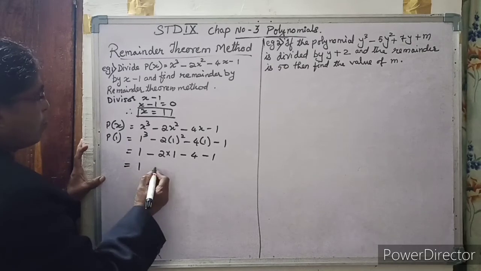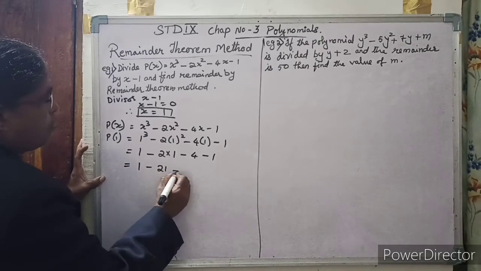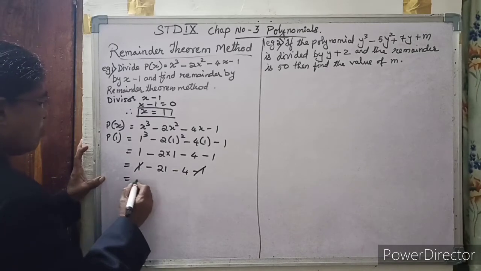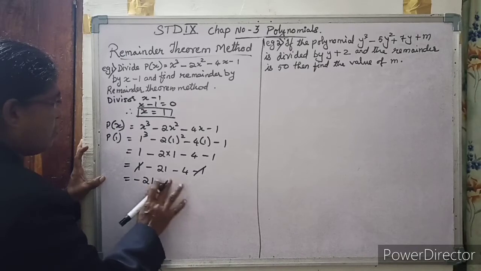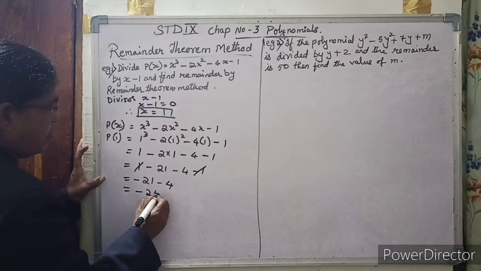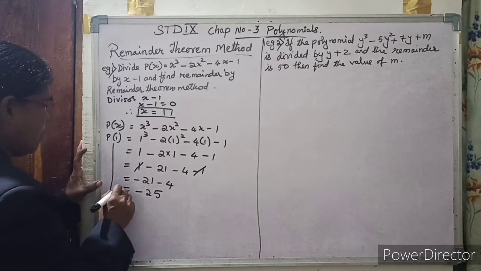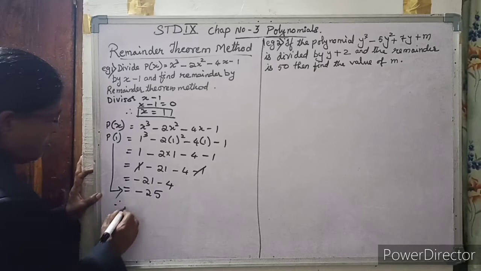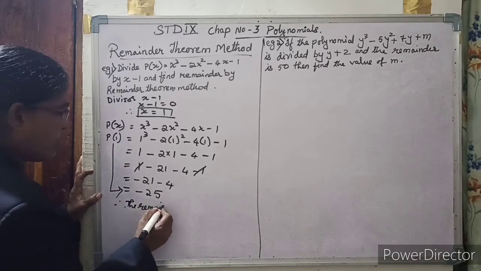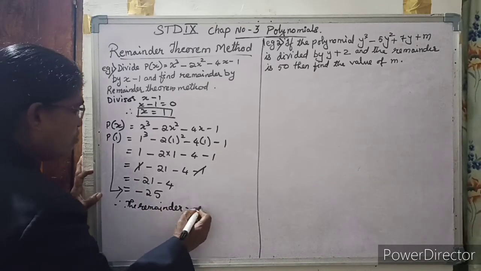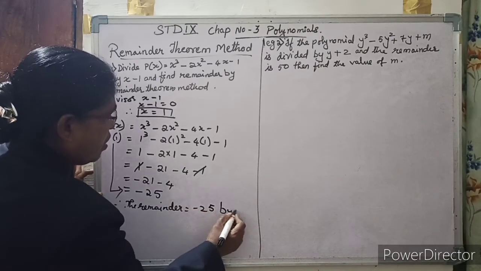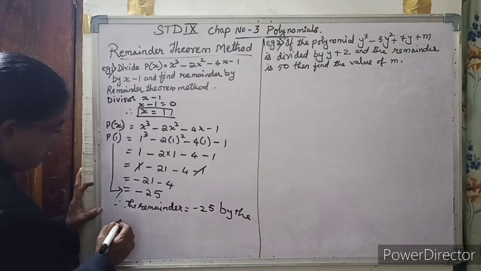So this is 1 minus 2 minus 4 minus 1. Now this plus 1 and minus 1 get cancelled. So we remain with minus 2 and minus 4, both signs are same, so it is minus 6. So p(1) is equal to minus 6. Therefore the remainder is equal to minus 6 by the remainder theorem method.